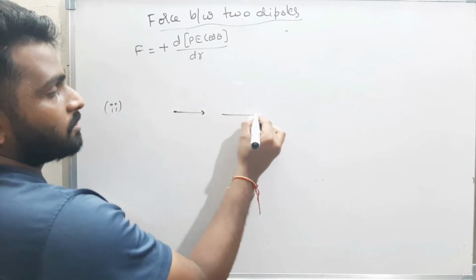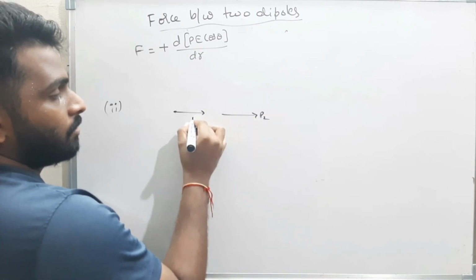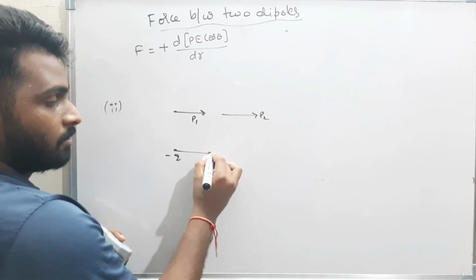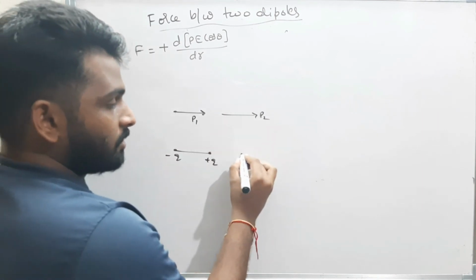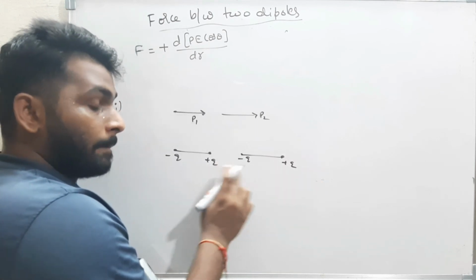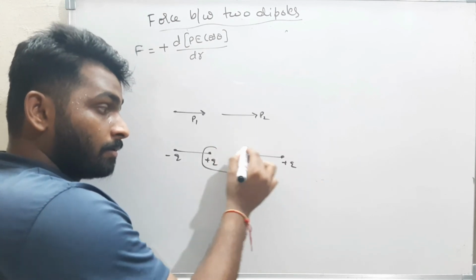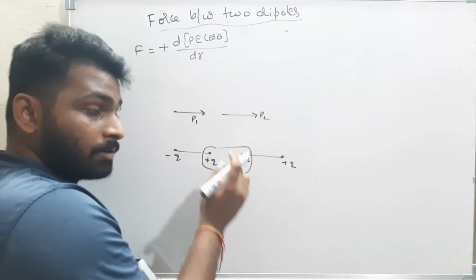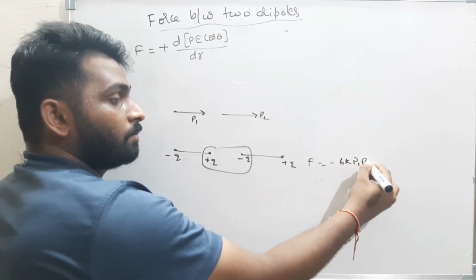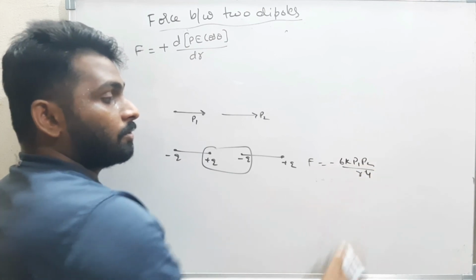Now, here also you can use the same thing. If these are dipoles P2, P1, with the dipole direction minus q plus q, and for this also minus q plus q, plus and minus will attract. Therefore, the force is minus 6k P1 P2 by r to the power 4.